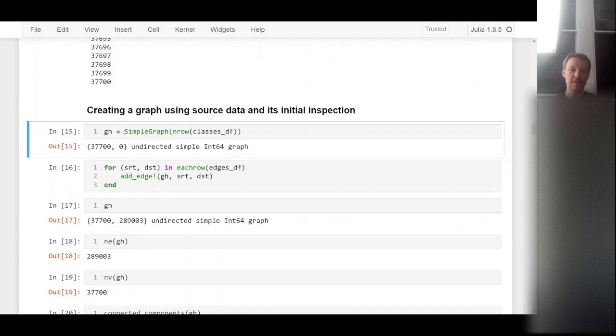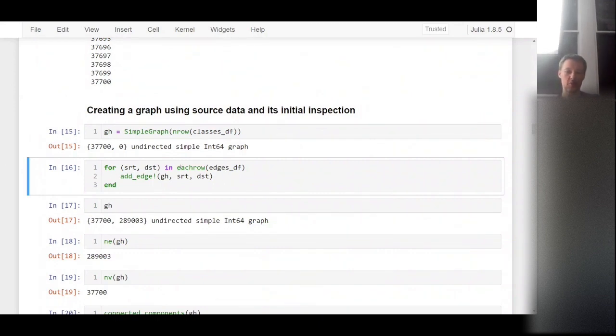And if I create this, I get that this graph has indeed 37,700 nodes, so developers, but unfortunately it has 0 edges, which means this graph does not know yet who follows whom. So I need to add to this data structure information about who follows whom. And this is pretty easy to do in Julia.